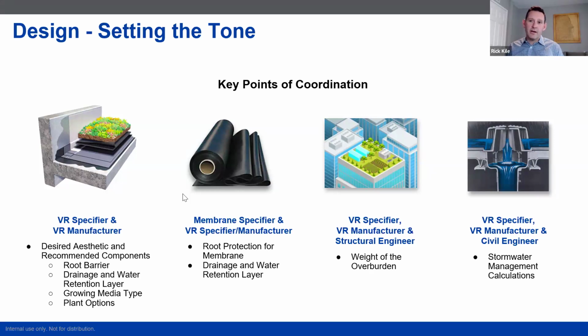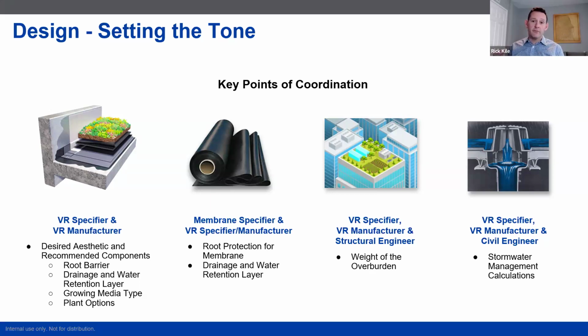The membrane specifier and the vegetated roof specifier, or the manufacturer, if they're two separate entities: what are we doing to protect the membrane from the vegetated roof assembly? Where are we transitioning from the membrane assembly, and what's incorporated into that guarantee, and what is covered under the vegetated roof guarantee? If we're talking about loading and capacity of vegetated roofs, we start involving the structural engineer in the conversation.